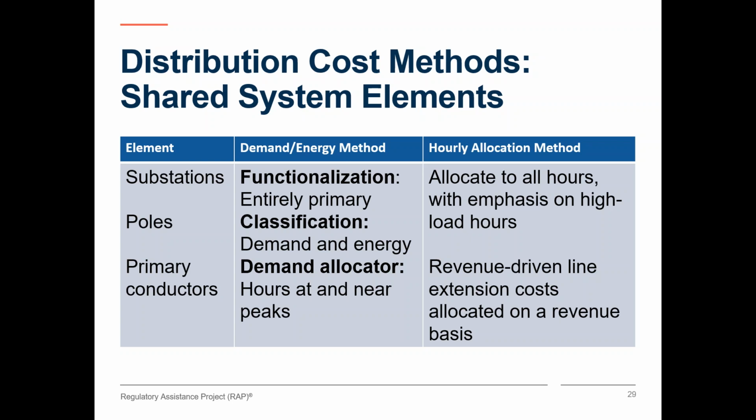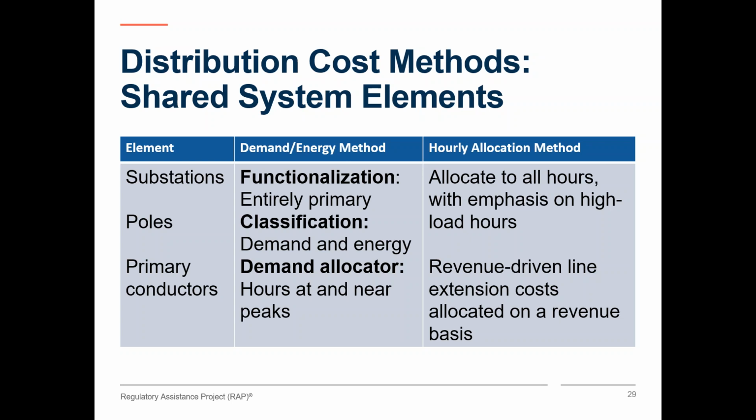So, of the shared system elements, that is the substations, the poles, the primary conductors, everything that gets the power out in front of the building, the manual identifies appropriate methods for allocation of all those kinds of costs based on the loads.